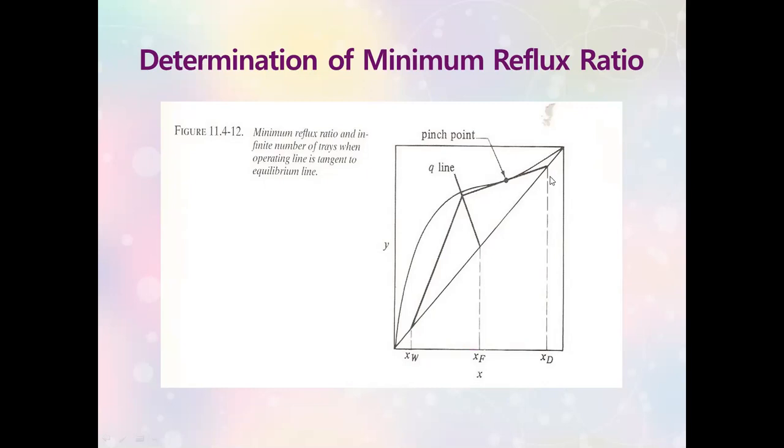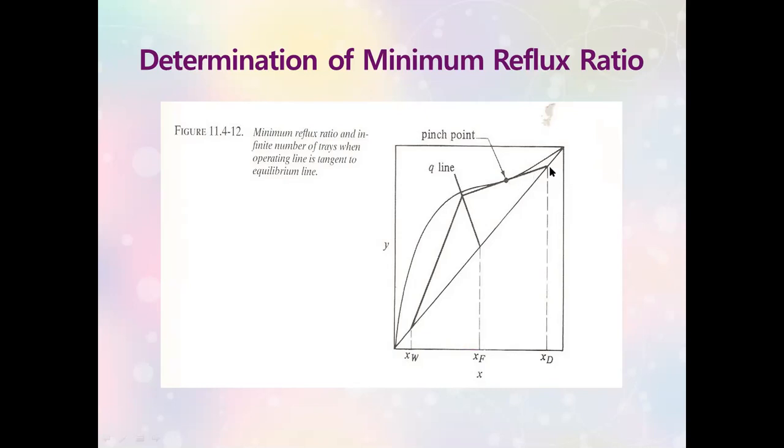It so happened that when you draw your enriching section operating line in this example, or it could even be your stripping section operating line, any of these two lines became tangential to your equilibrium curve. So this point now is not anymore your pinch point, but your pinch point now is the tangential point where your operating line touches your equilibrium curve at that particular point only.